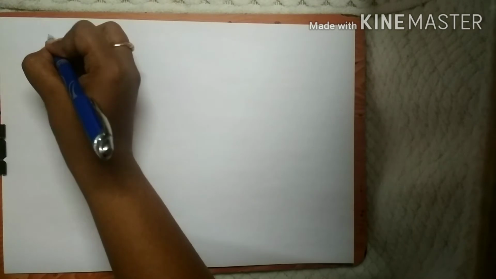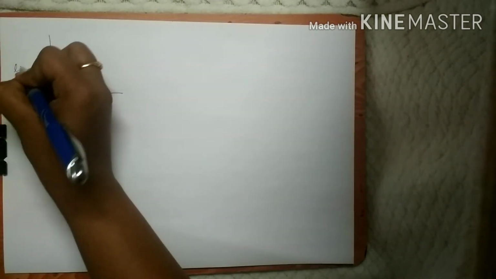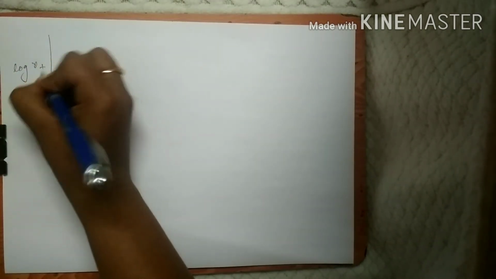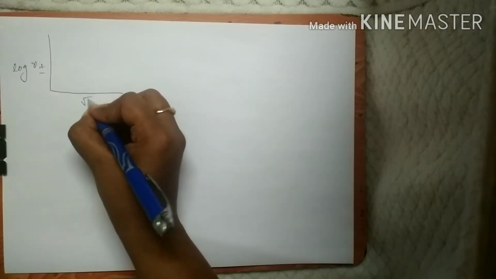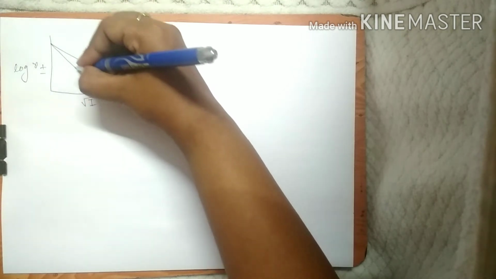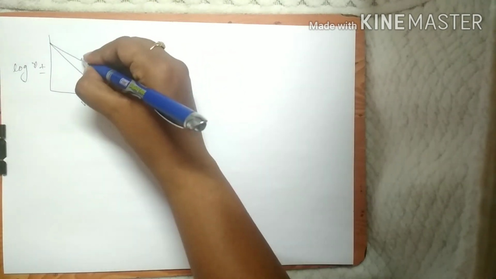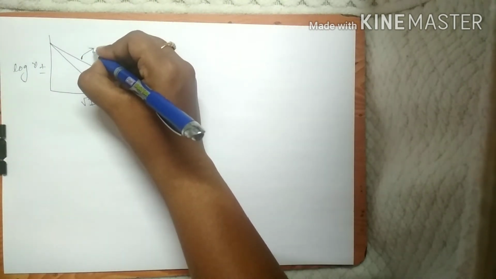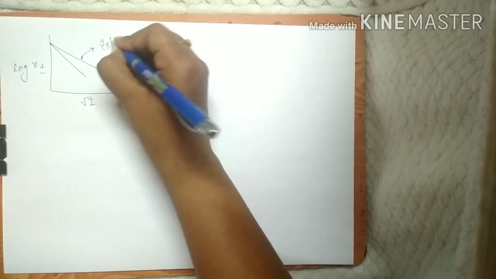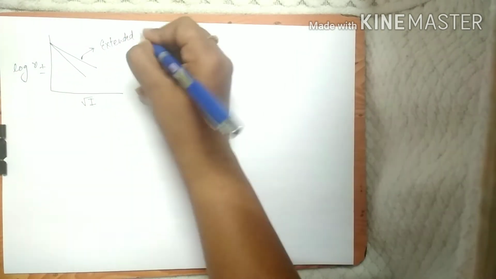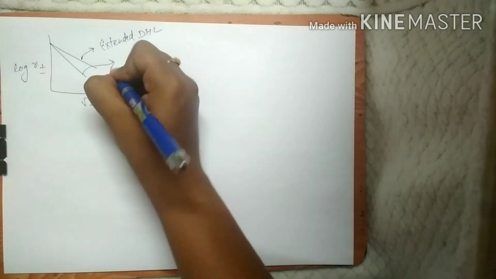So if we plot a graph between log of gamma plus-minus versus root of I, we'll get two lines like this. This line will represent the extended Debye-Huckel law, and this line will represent the Debye-Huckel law.